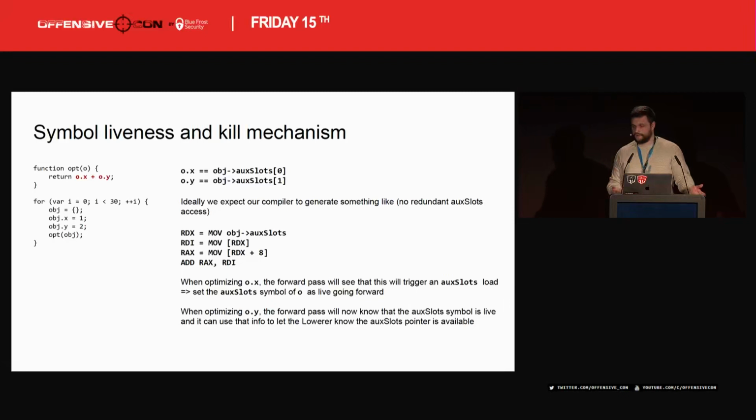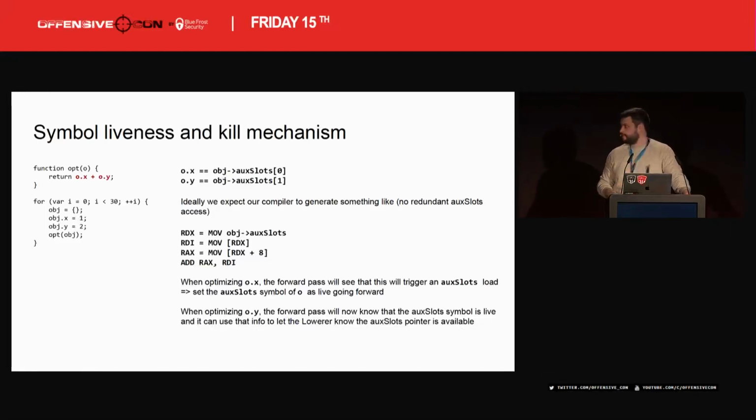These days you expect your compiler to load the aux pointer only once and access the two properties directly, instead of loading the aux pointer, accessing the first property, reloading the aux pointer, and accessing the second property. In order to do that, Chakra has this mechanism, which is symbol liveness.